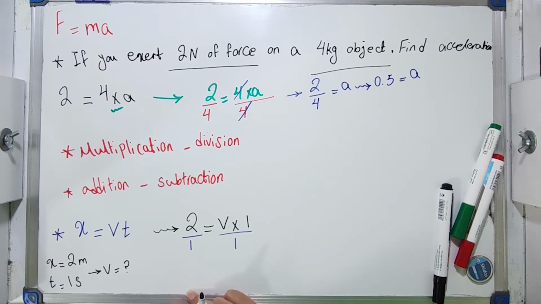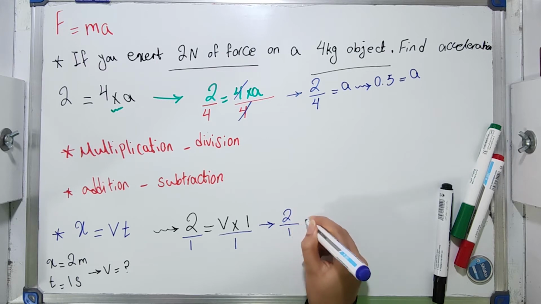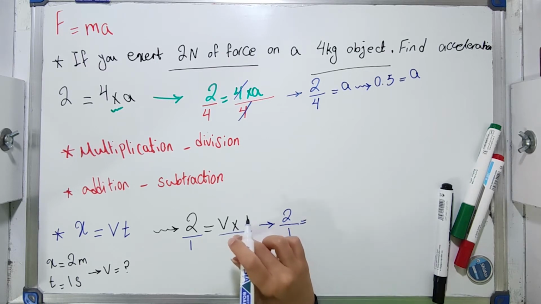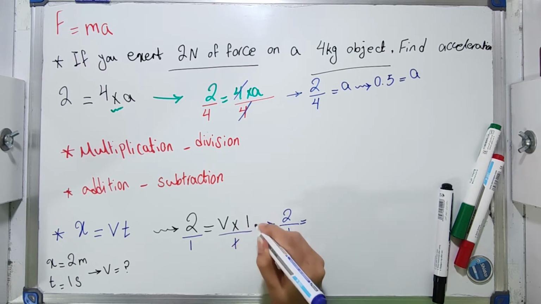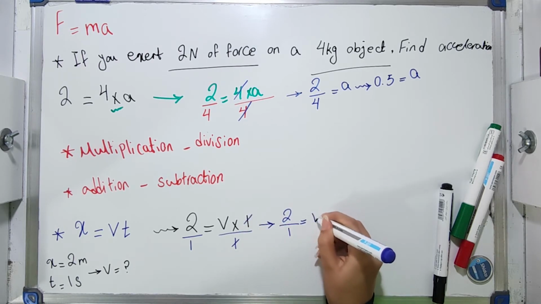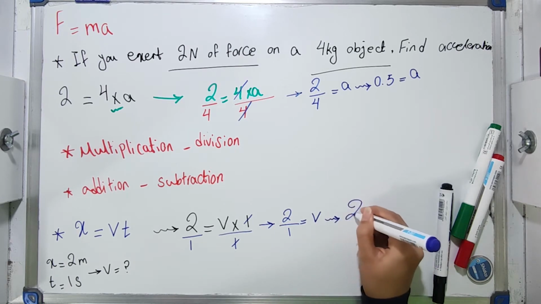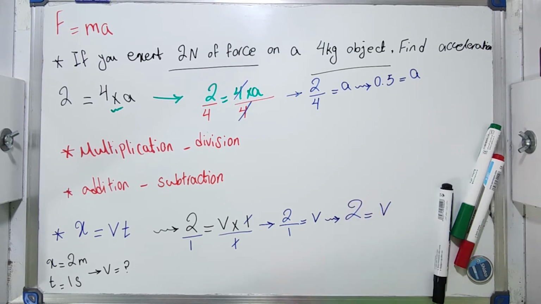Equality should not be spoiled. So 2 over 1 is equal to v times 1, this one cancels this one, and it's equal to v. Or actually, I can say 2 equal to speed.